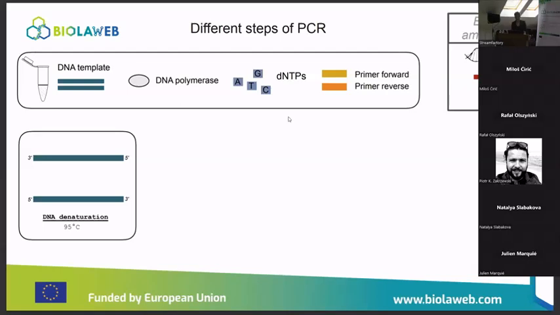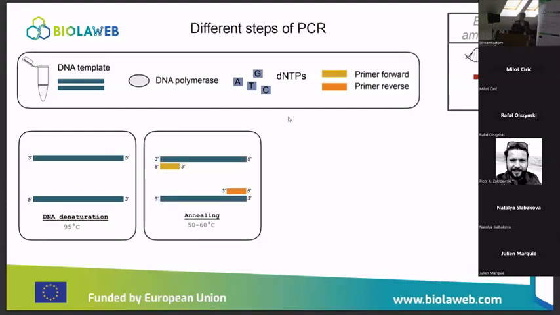So the first step, the DNA denaturation, we do it at high temperature, 95 degrees, and at this temperature, the two strands will separate. Then we put the reaction at a lower temperature that will be optimal for the primers to anneal to those two strands.